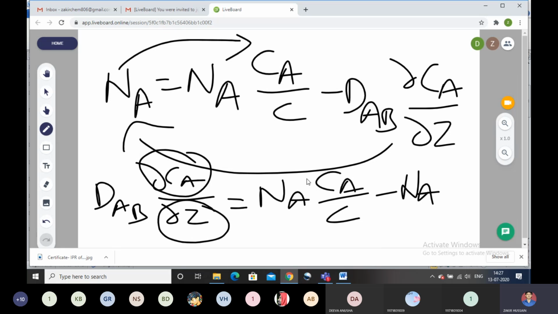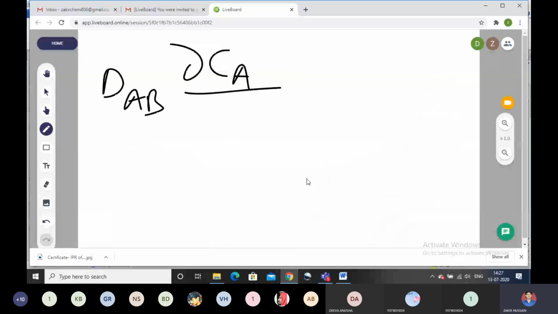So Dab is already there, and dou Ca is there. To perform the integration, we need to send one differential to the LHS side and one differential to the RHS side. So dou Z we will send there, and we will transfer this to the denominator of the LHS.